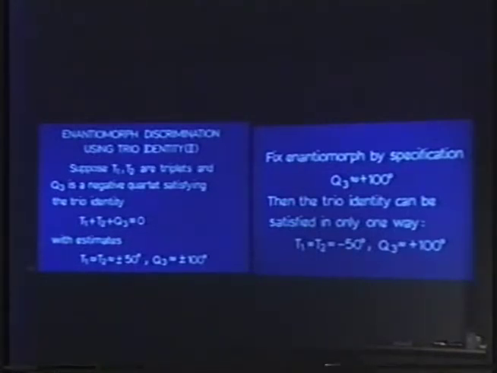Again, we're assuming that the estimates of the triplets are in the range of 0 to 90 degrees or 0 to minus 90 degrees, and we'll assume that the expected values of their cosines turn out to be such that the values of these two triplets are initially estimated to be plus or minus 50 degrees. And 50 degrees lies between minus 90 and plus 90.